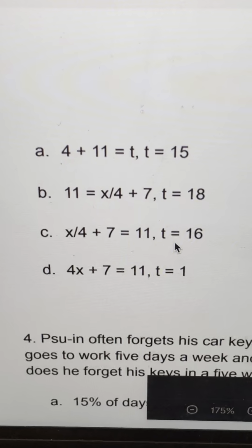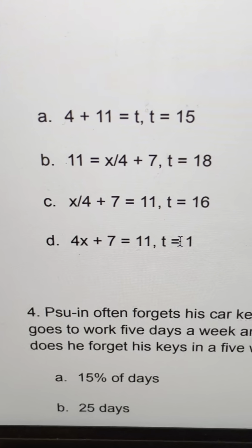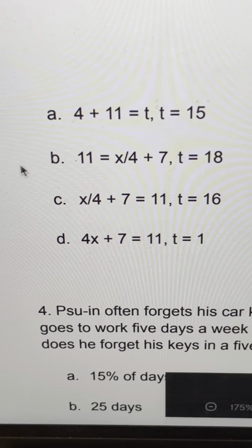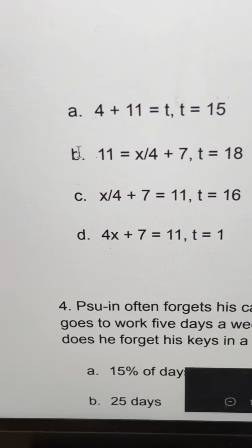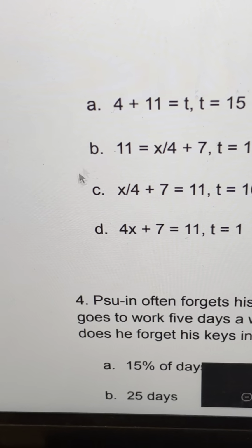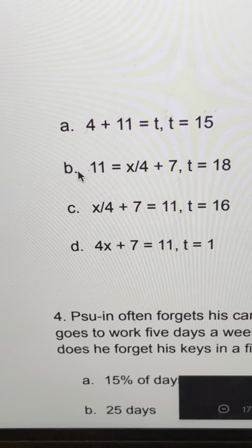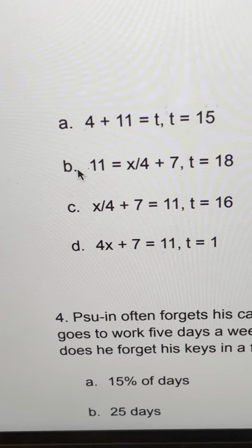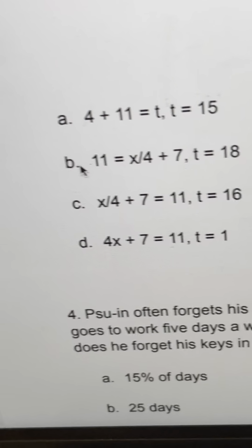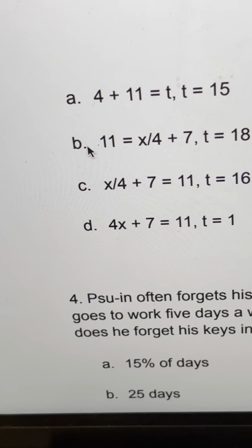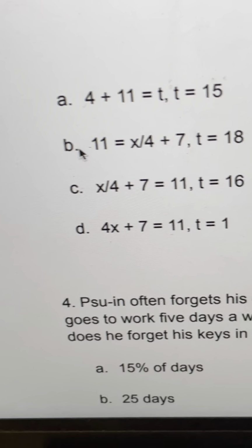So she splits the books among 4 people. So this wouldn't be it. These 2 are dividing. So that would work. And then after that, it's getting added by 7. So it would be X over 4 plus 7 equals 11.